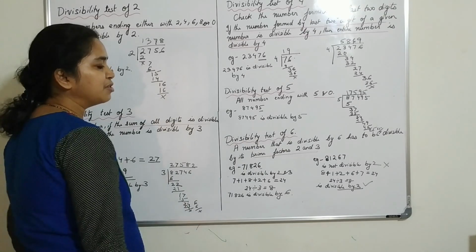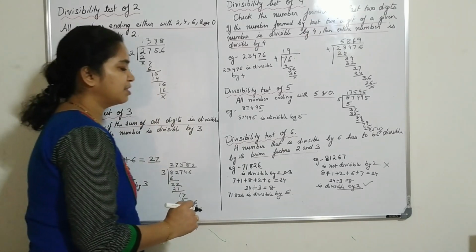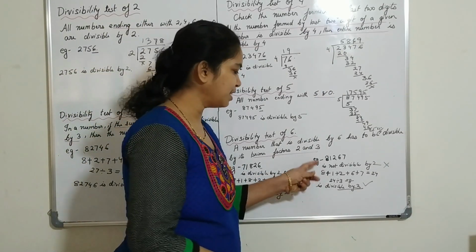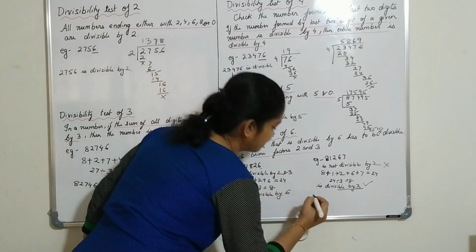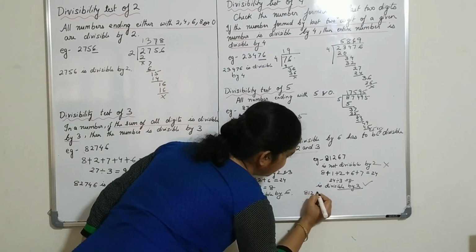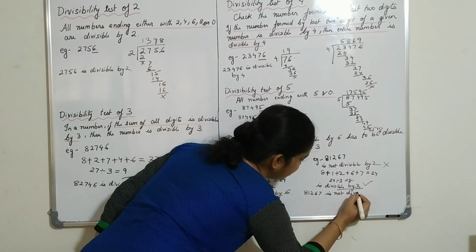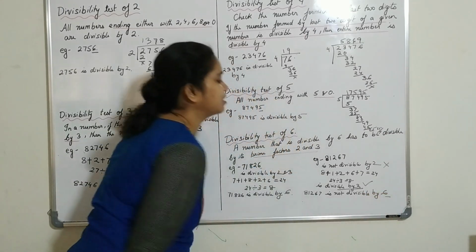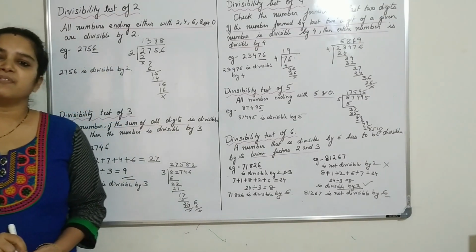So 81267 cannot be divided by 6. So the divisibility test of 6 is complete, and we can say that 81267 is not divisible by 6.